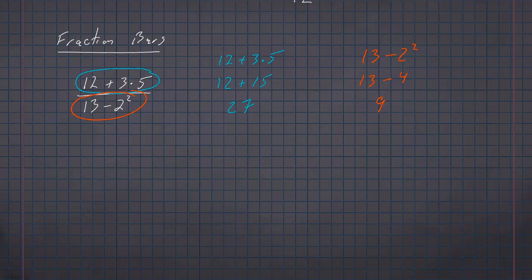Then bring those things back together. This expression simplifies to 27 over 9. And again, fraction bars mean division. So once we have done that, we realize that this is telling us to take 27 divided by 9, which we know is 3.